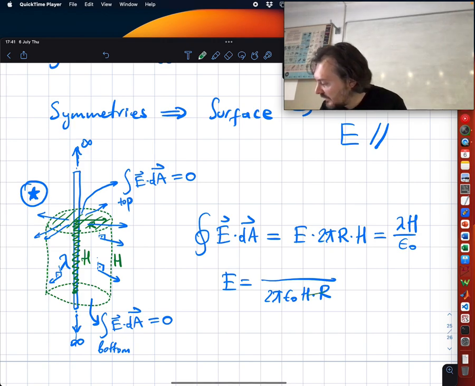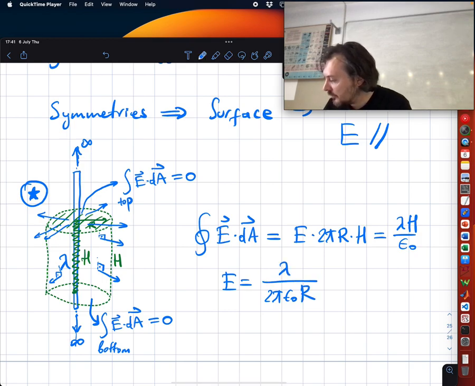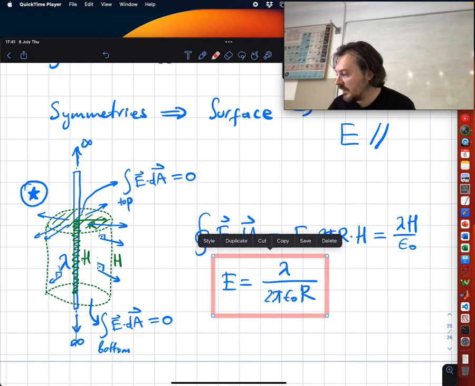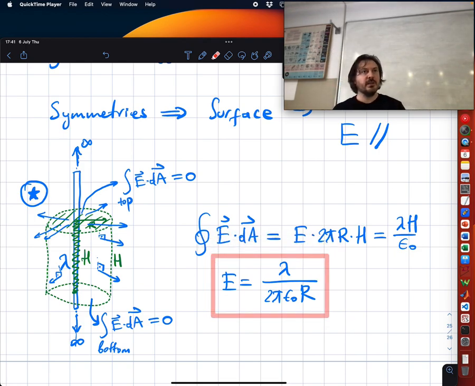So already there I get rid of q, and what is my result? Lambda over 2 pi epsilon 0 r. Do you remember this result from before? It came after we solved the hardest integral, and then we had to also take it to infinity, etc., right? But now, especially if you are used to applying Gauss's law, it works like a charm.